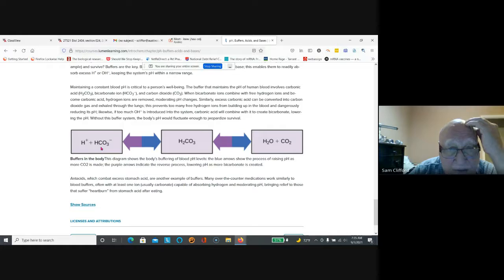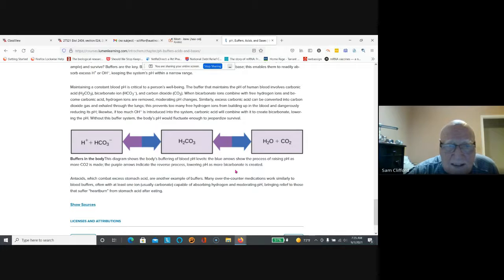So if you have excessive hydrogen ion in your body, this bicarbonate can rejoin to form carbonic acid, and that excess H plus will move the equation in this direction, and extra CO2 will be released in your lungs.